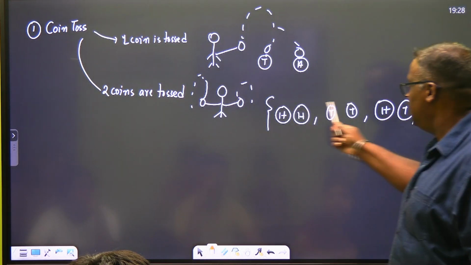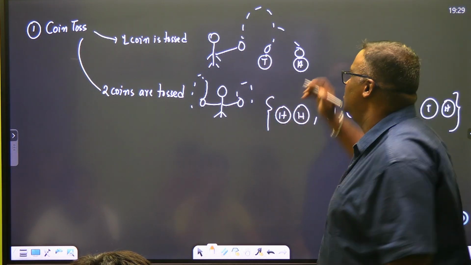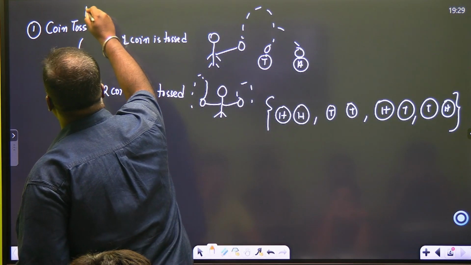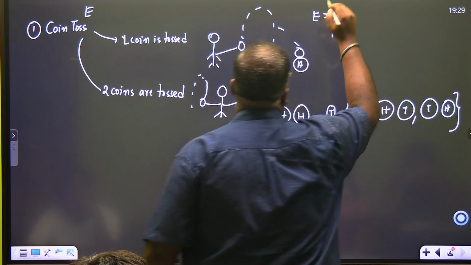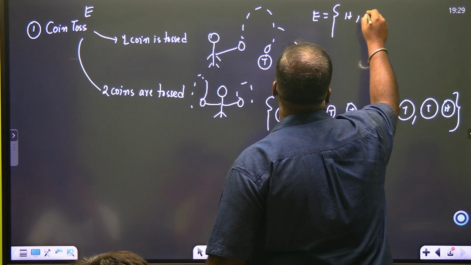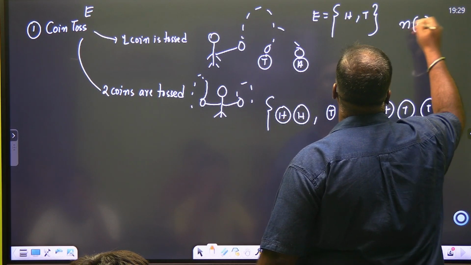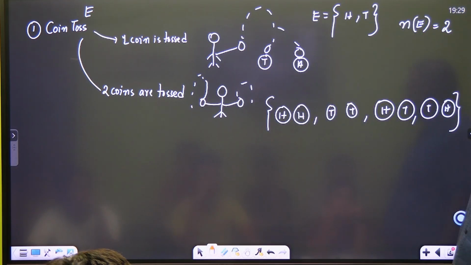These are all the events. I'm keeping my coin toss as an event E. If I look at the sample space for E, here I'll have a head and a tail. And if I say what is the count of my sample space, count means n, the count is 2. 2 outcomes. Count 2 है.